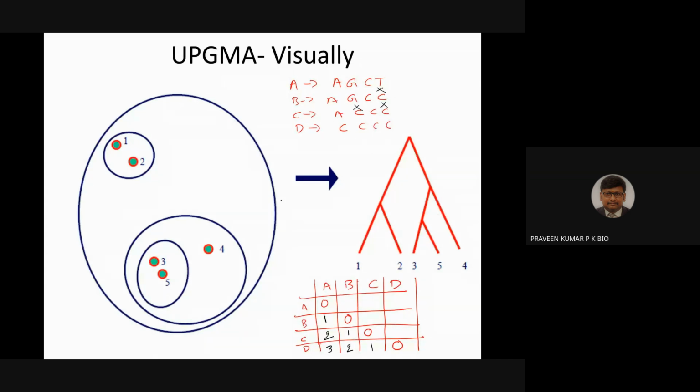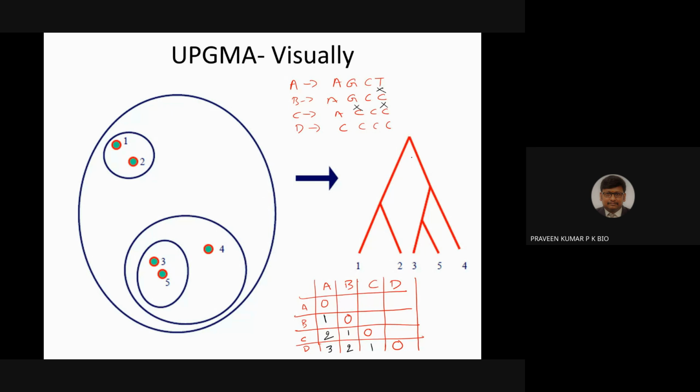If you see this tree, 1 is closely linked with 2. You can find the same in a Venn diagram. If you have two sequences, 1 and 2, they closely resemble each other. Similarly, 3 and 5 also closely resemble each other. And 4 is linked with 3 and 5, but not linked with 1 and 2.